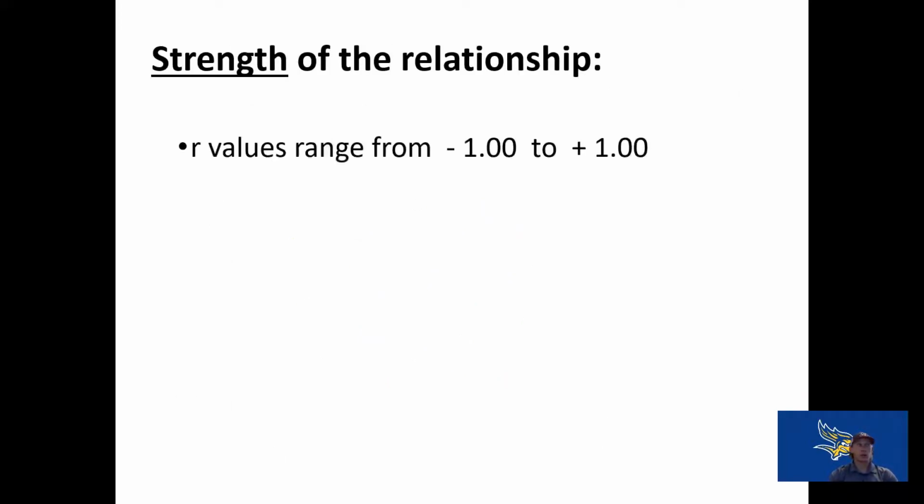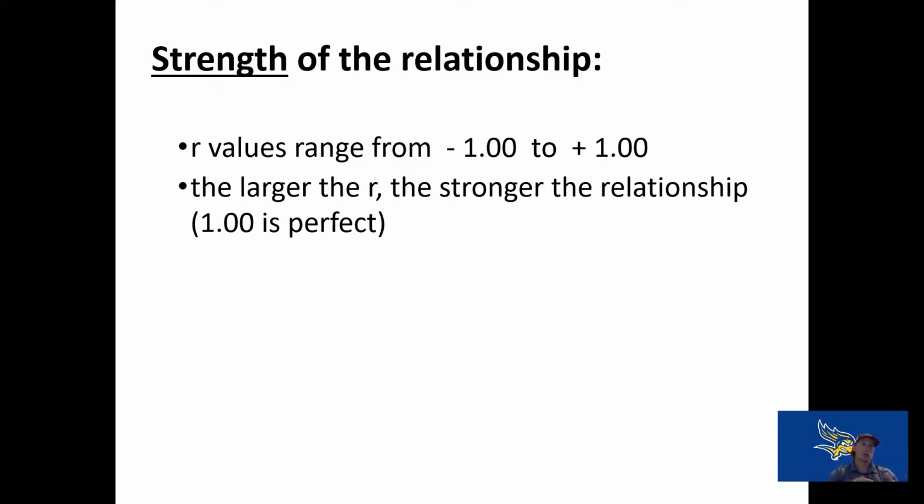Our strength comes from our R value, which measures from -1 to +1. So if you calculate an R value that's not between -1 and +1, you did something wrong. The larger the R, the stronger the relationship. And by larger, I mean closer to 1. Okay, so in magnitude, closer to 1. So the closer it is to 1, the more perfect the relationship is.